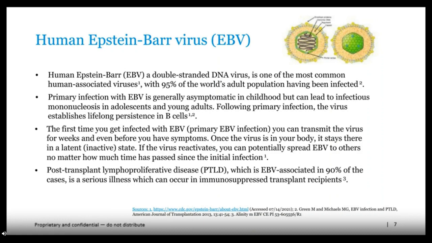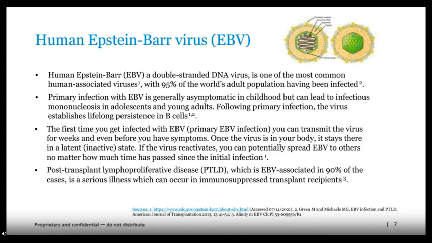Let's move on to Epstein-Barr virus. It's a double-stranded DNA virus, just like CMV. It's one of the most common human-associated viral infections. It's estimated that 95% of the world's adult population has been infected by EBV. The primary infection with EBV is generally asymptomatic, but can lead to infectious mononucleosis in adolescents and young adults.